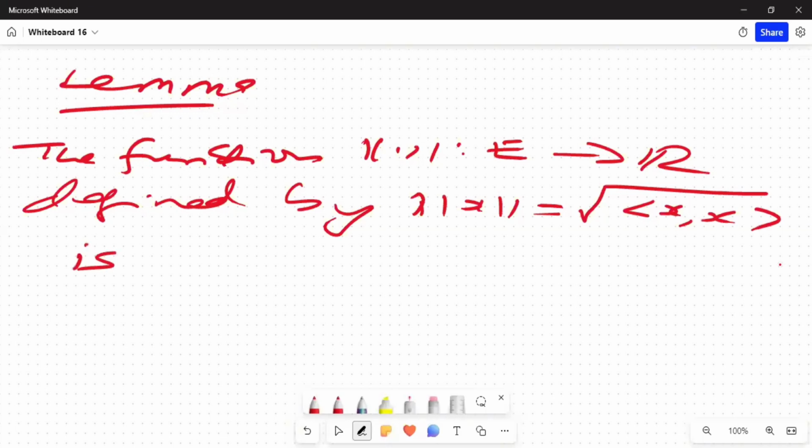This function is a norm on the vector space E.